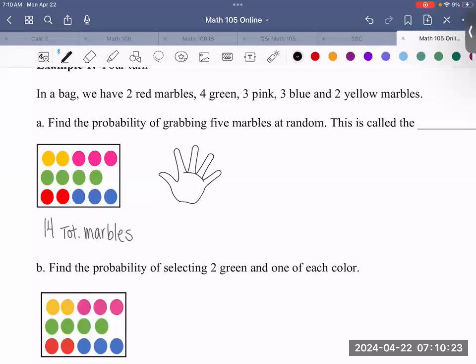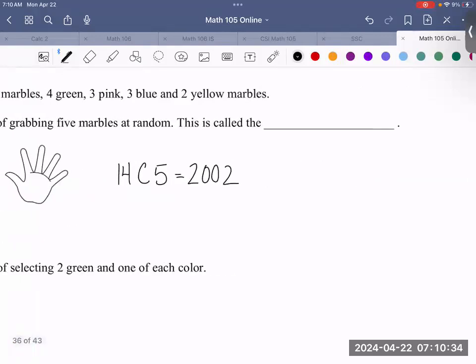Now of the 14, we're going to choose 5 at random. 2002. Now this is going to operate as your sample space. That's the number that you're going to be dividing by each time, as long as we're talking about grabbing 5 marbles.